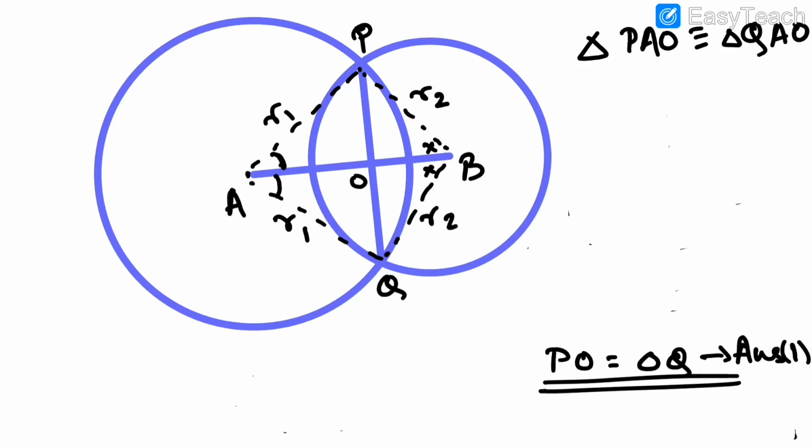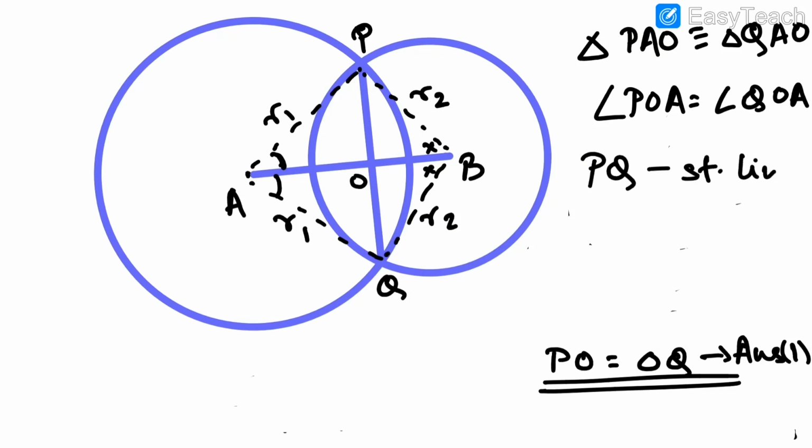Okay, but congruency will give you one more point, that is angle POA equals angle QOA, right? But since PQ is a straight line, therefore angle POA plus angle QOA must equal 180 degrees.